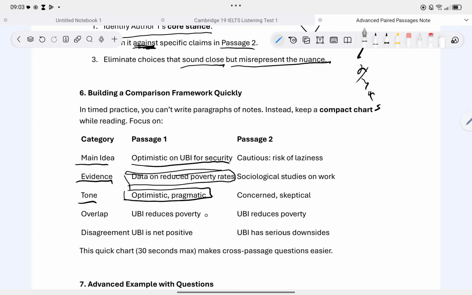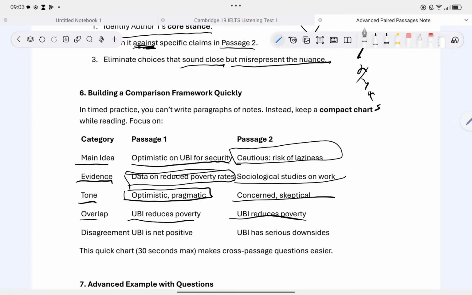Now, when you do the same thing for passage 2, main idea, evidence, tone, then identify how both paragraphs overlap. Then you identify how they disagree.